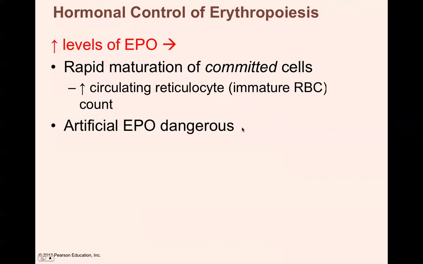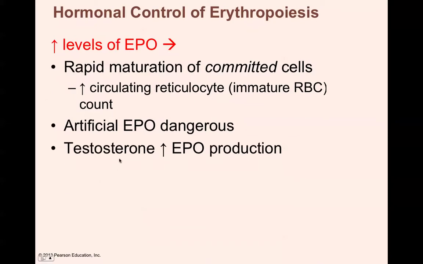Think about it. If you have more erythropoietin, that leads to more red blood cells. That leads to more oxygen carrying capability in the blood. But giving erythropoietin to a person is actually very dangerous because it can lead to too many red blood cells, therefore increased blood viscosity.